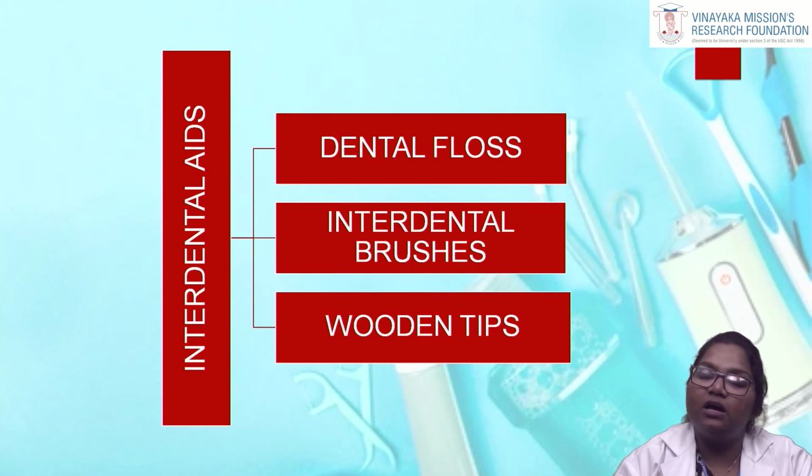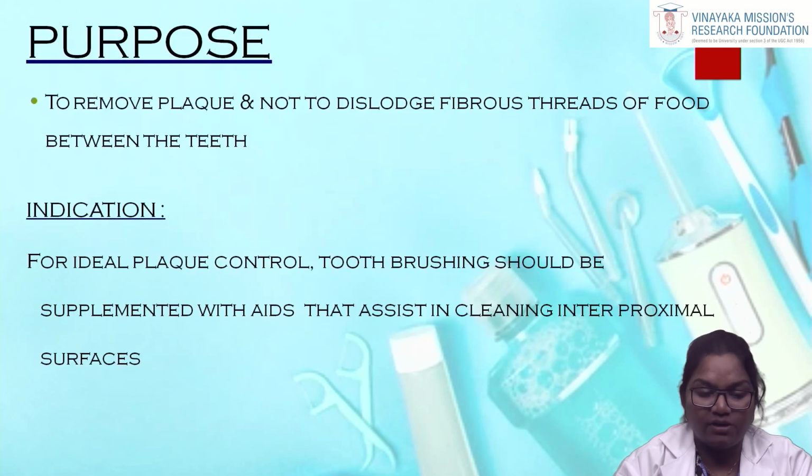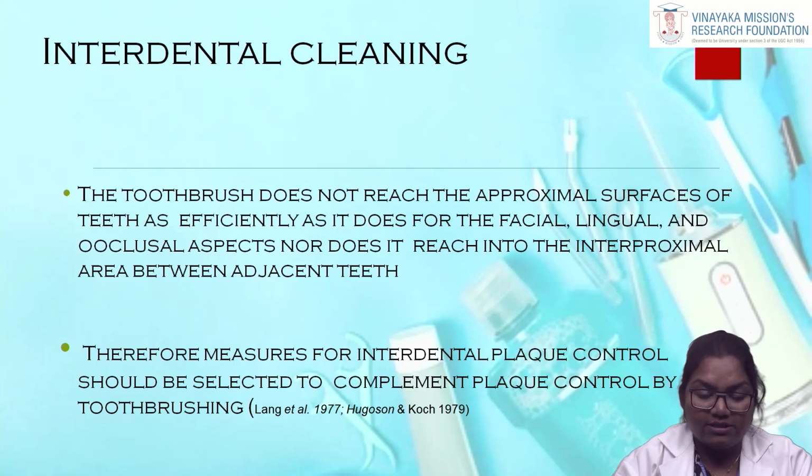Toothbrushing alone is not going to help in the complete removal of plaque and food debris in our oral cavity. The purpose is to remove the plaque and not to dislodge fibrous threads of food between the teeth. For ideal plaque control, toothbrushing should be supplemented with aids that assist in cleaning interproximal surfaces. Interdental cleaning, what is it?